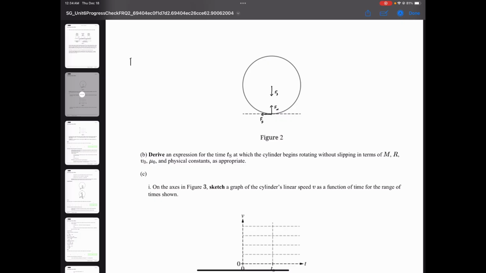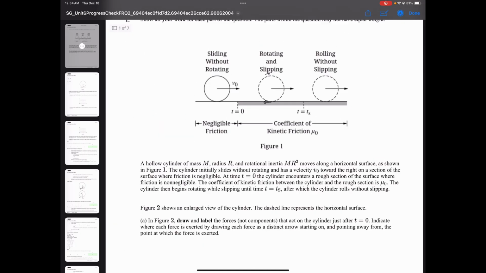So for the net force, we know that equals ma, and that equals the sum of the forces. The force of gravity and the normal force are equal to each other in opposite directions, so they're going to cancel out. The only force remaining is the force of friction, which equals mu times the normal force. That's kinetic friction in this case, since in the middle region it's kinetic friction.